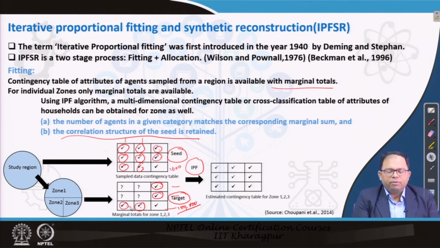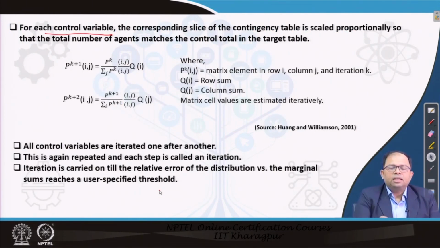After we run our algorithm, each of these has to match. So for each control variable, we need to modify the contingency table proportionately, so that the total number of agents matches the control total of the target table.